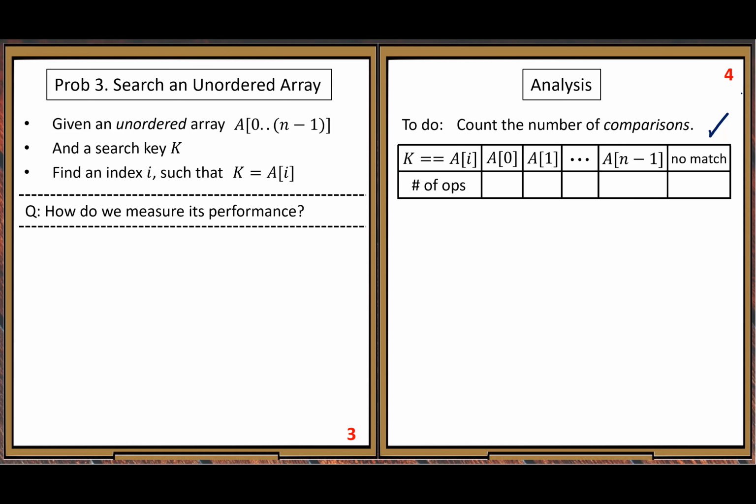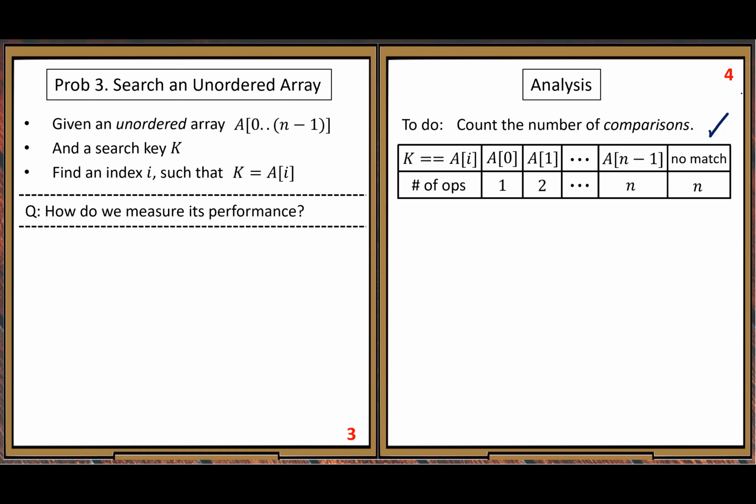So here we consider that no match case. A of 0, 1 comparison; A of 1, 2 comparisons; and so on. A of n minus 1, we need n comparisons. And for the no match case, also n comparisons. So now, how to take the average? In our previous slide, we ignored the last case, the no match case. Now we get it back.